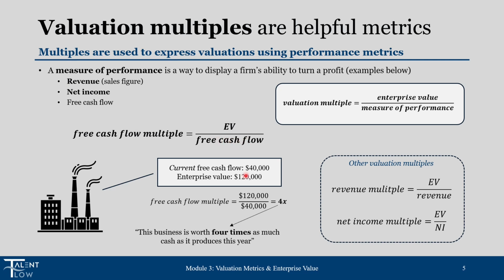Since we calculated the enterprise value of our business to be $120,000, to find the free cash flow multiple, we could divide this figure by our year 1 expected free cash flow of $40,000. This produces a free cash flow multiple of 4x. There are a few different ways we can interpret this, but in general, this means that our business is worth 4 times as much cash as it produces in 1 year.